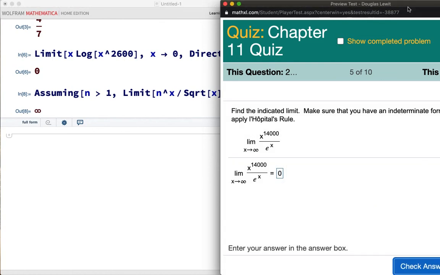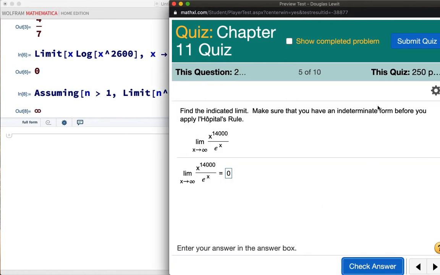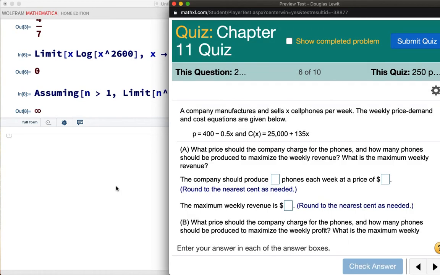Okay, now begin the really challenging problems here. Problem number 6. A company manufactures and sells x cell phones per week. The weekly price, demand, and cost equations are given below. The price demand equation is 400 minus 0.5x, where x is the number of cell phones that are manufactured and sold each week.